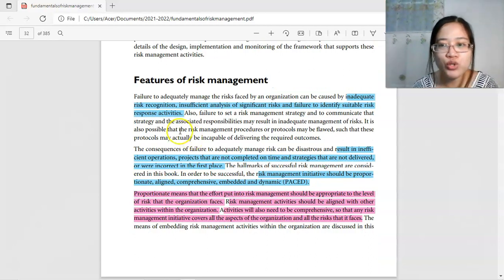Sorry. Features ng risk management, failure to adequately manage the risk faced by an organization can be caused by inadequate risk recognition, insufficient analysis of significant risk, and failure to identify suitable risk response activities.